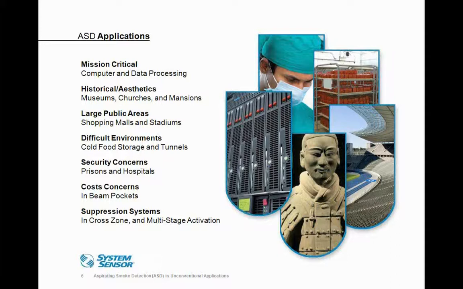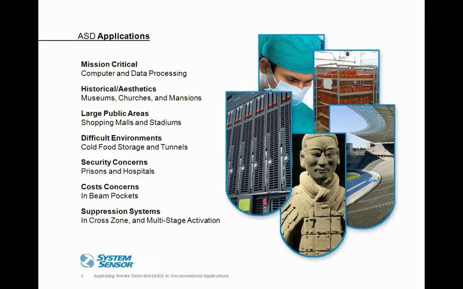Multiple levels of alert can also enable responses customized to the incident severity, so we're not responding to things that are very small. It's not surprising that buildings that have to operate 24/7 or have highly sensitive or high-value property will often use aspirating smoke detectors to protect those environments.